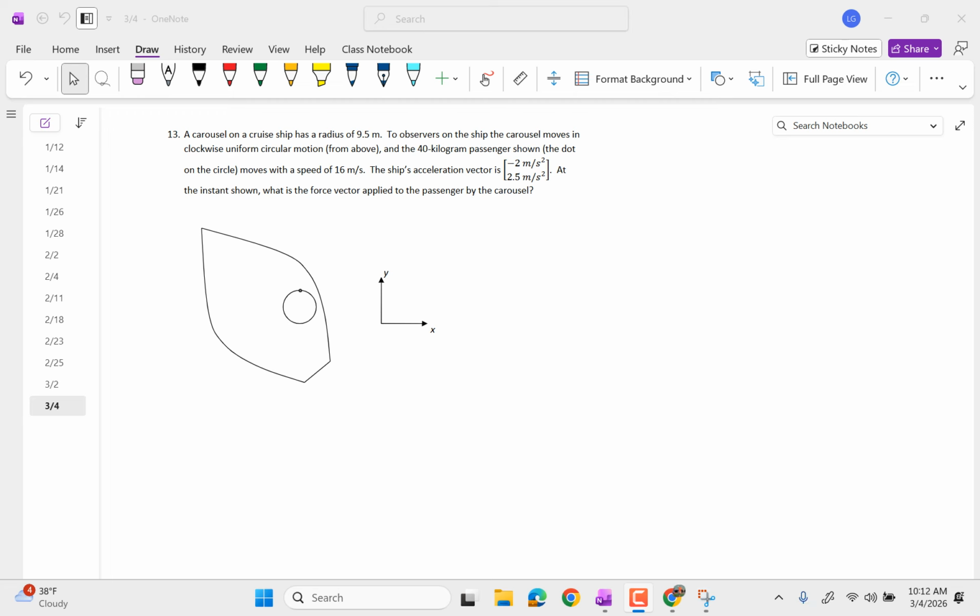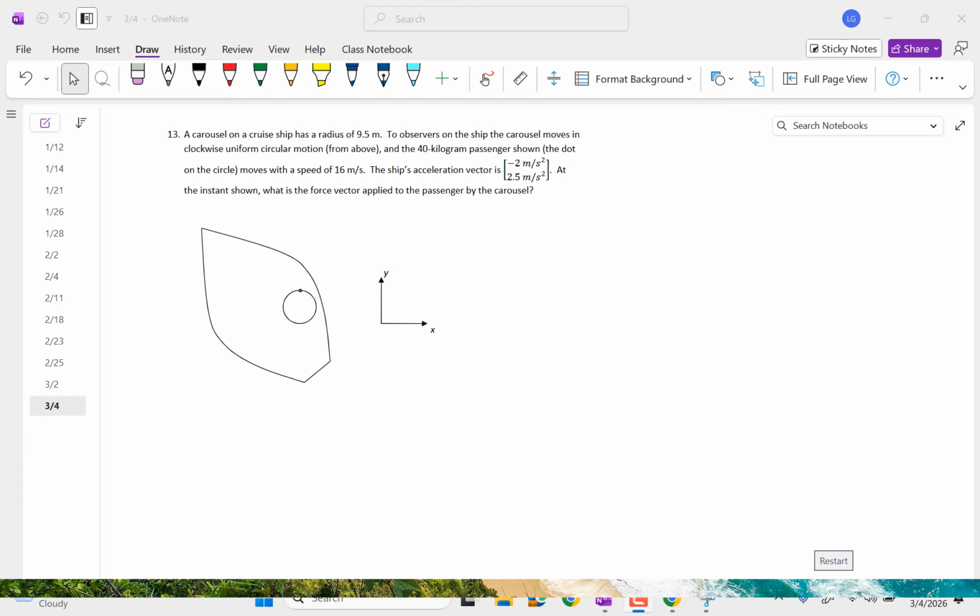And then, according to, say, a video camera on the shore, something fixed to the ground, the ship's acceleration vector is -2, 2.5. So at the instant shown, what's the force vector applied to the passenger by the carousel? This is a top-down view, so when we get to Newton's laws, the direction of the weight force of the passenger is going to be into the page.